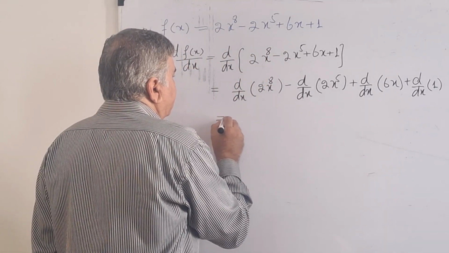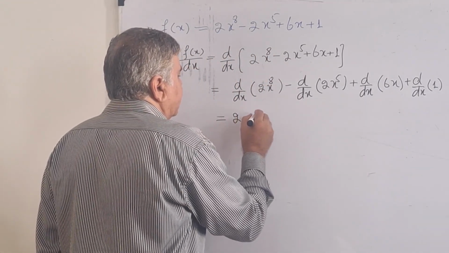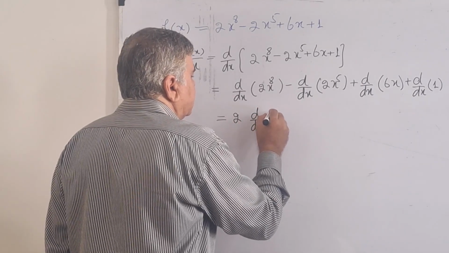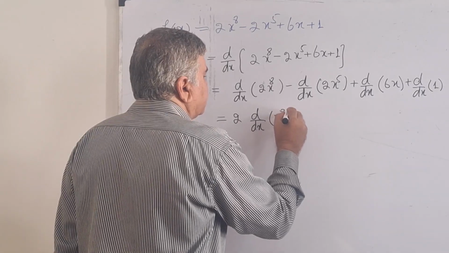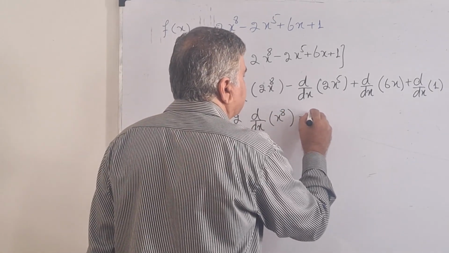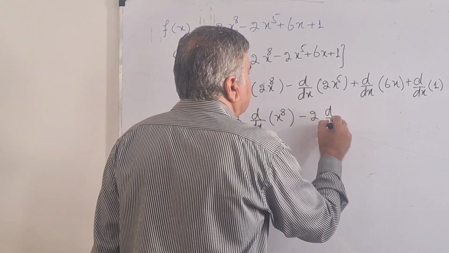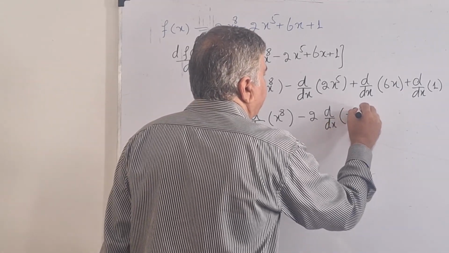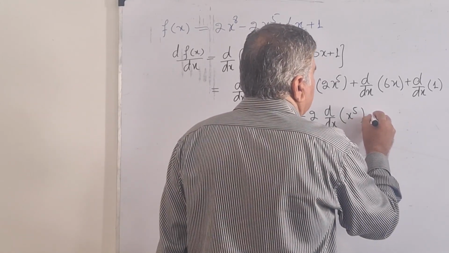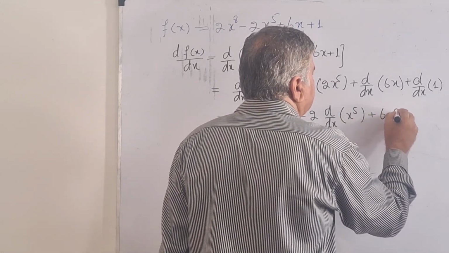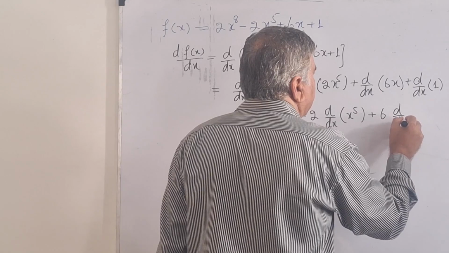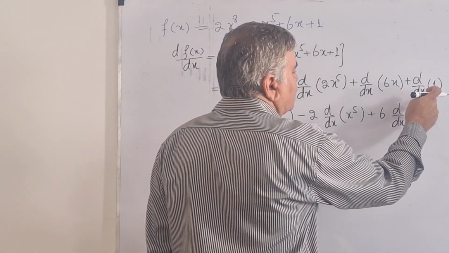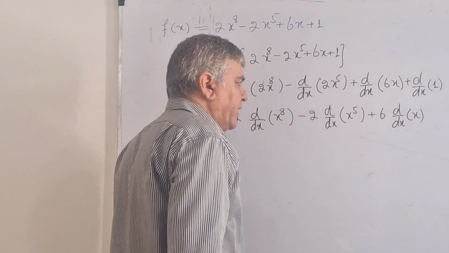Therefore, I can further write this as 2 times d over dx of x^8 minus 2 times d over dx of x^5 plus 6 times d over dx of x, and this goes to 0, so I don't write 0 there.